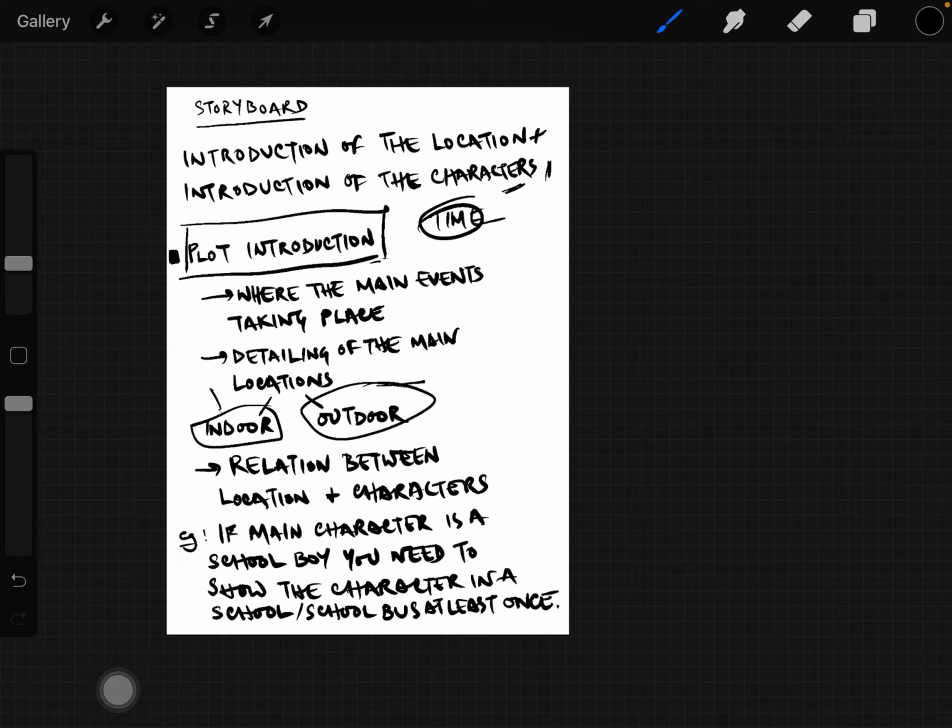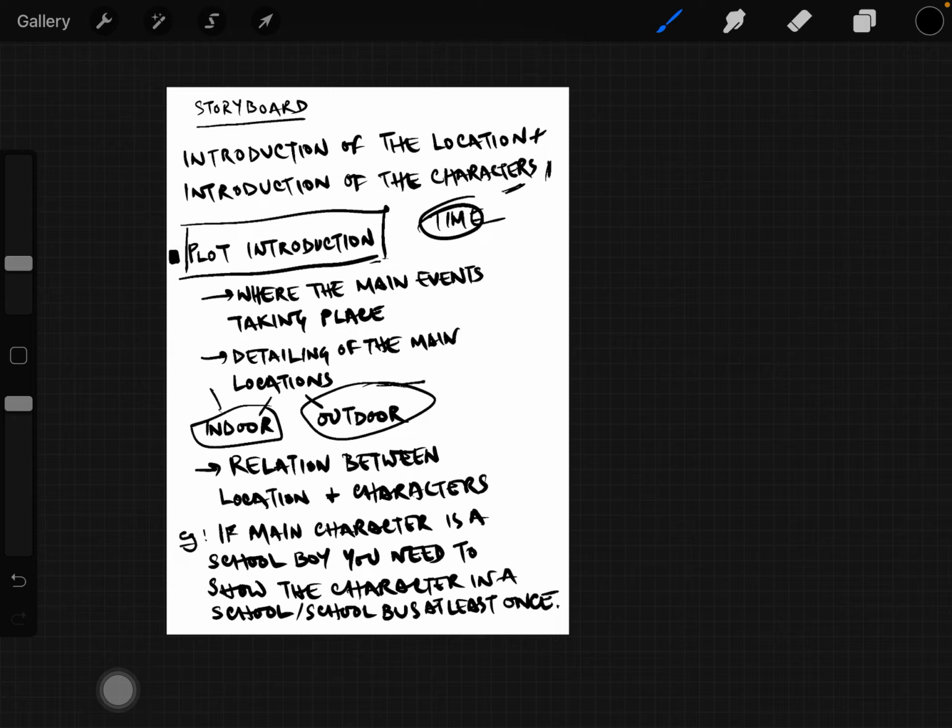Similarly, the outdoor, as I said, what kind of setup your story is, where your plot is developed, where your story is going on, should be shown properly in these location drawings based on indoor or outdoor or whatever, right? So to introduce the characters, location plays a very important role to show what kind of story it is, what kind of characters we are talking about.